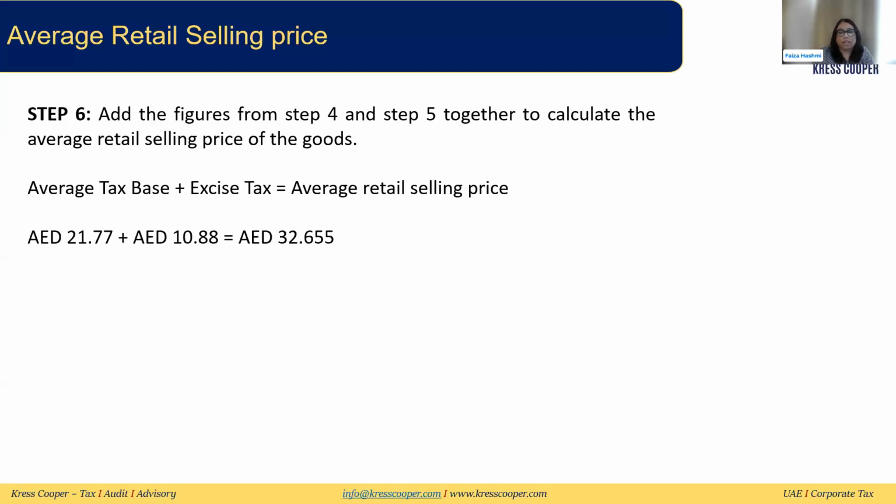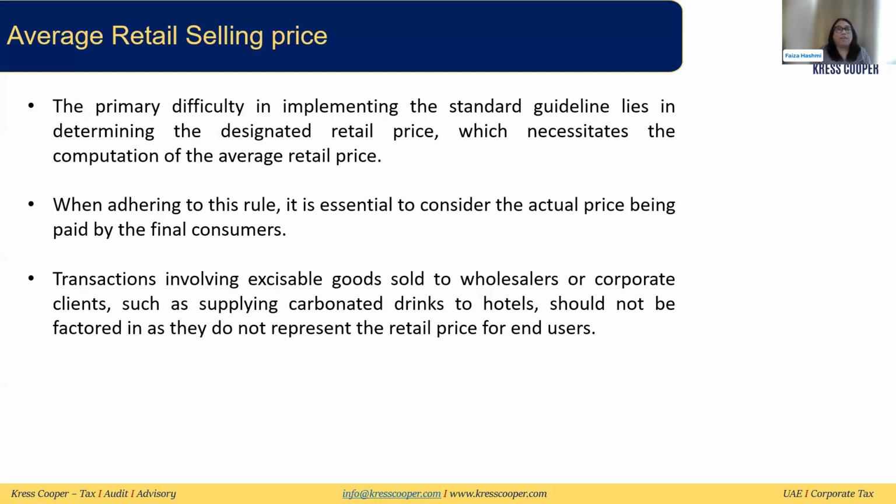This method of calculating the average retail selling price is normally very easy, in the sense that it's not very complicated. The only difficulty you will face is identifying the different prices at which the product is being sold in the market, because a lot of manufacturers or importers import many SKUs.